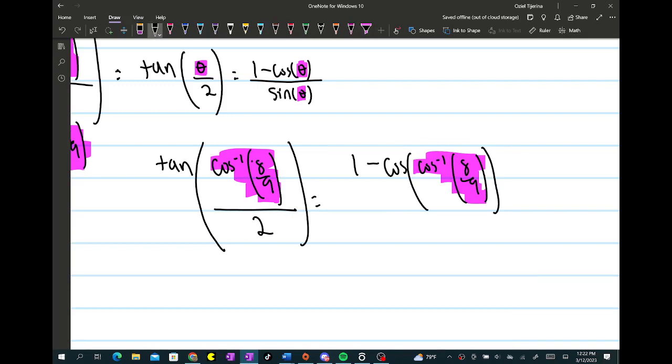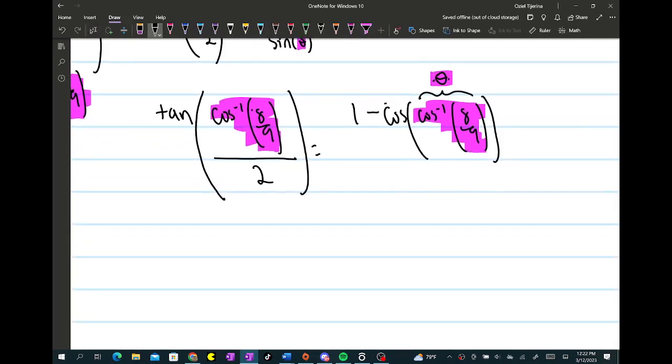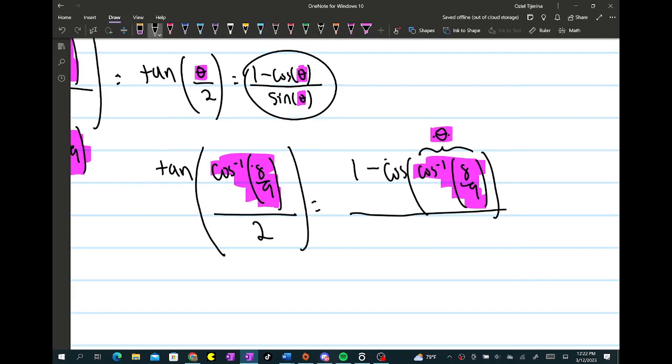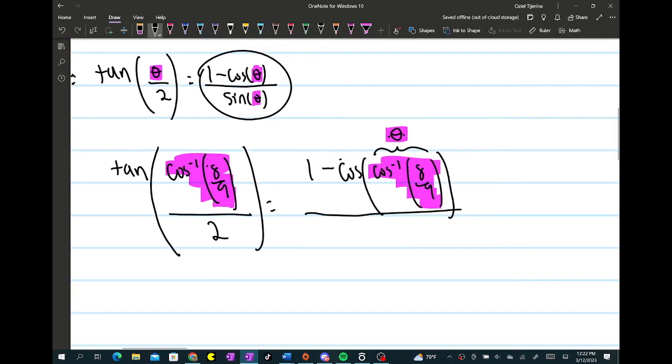Sorry, my bad, this right here is theta. We're just literally following the formula. I'm just plugging in theta for this right here, and then over sine of theta.